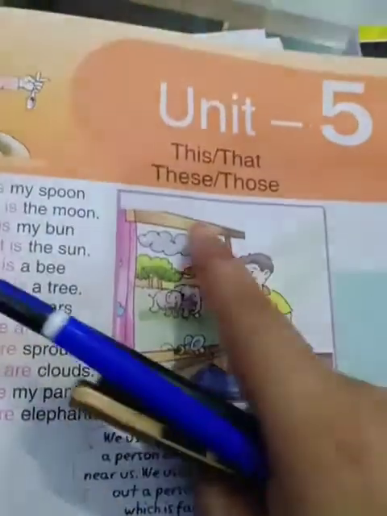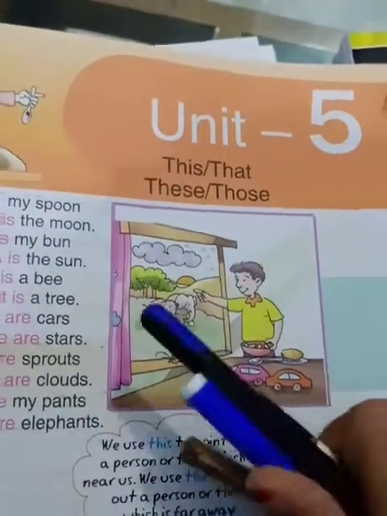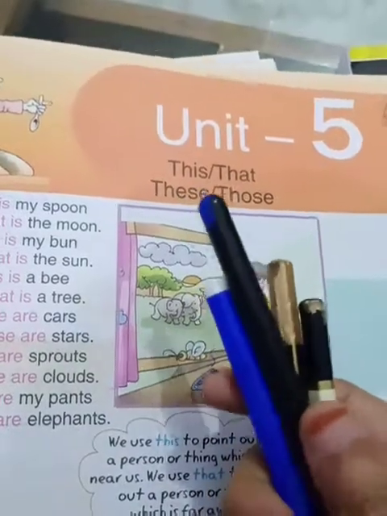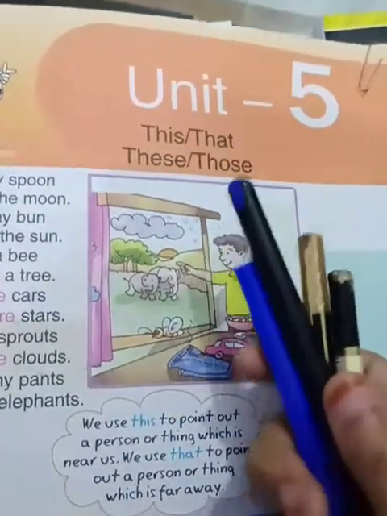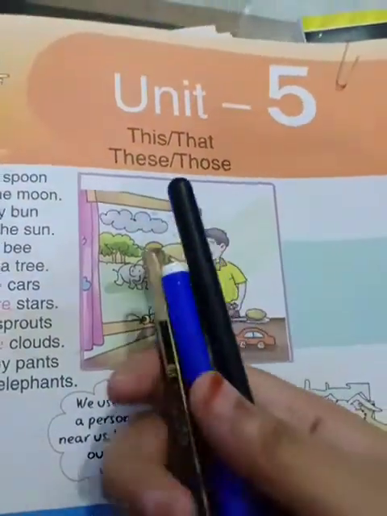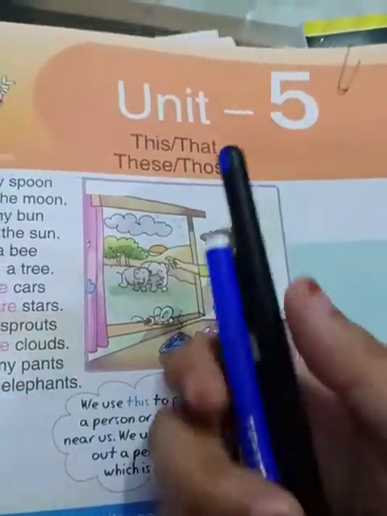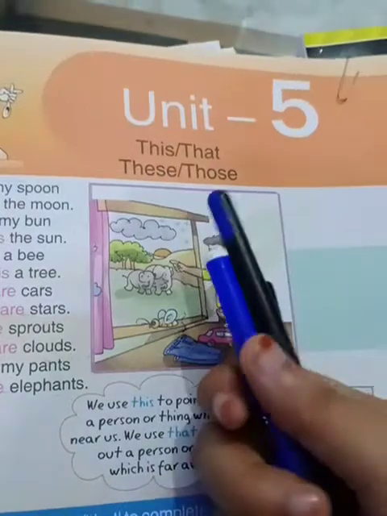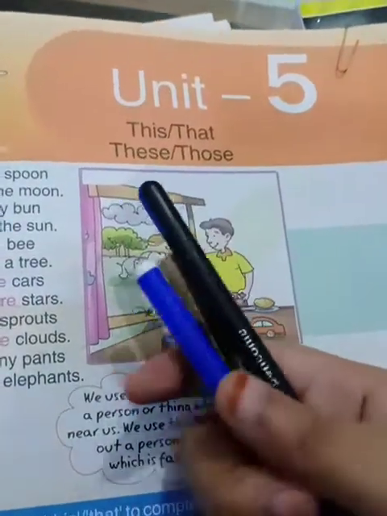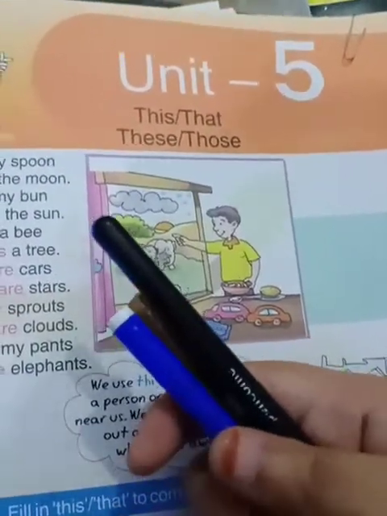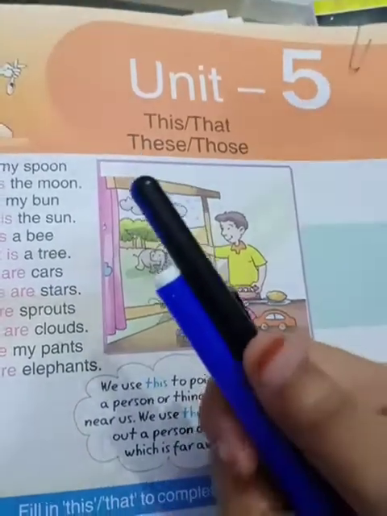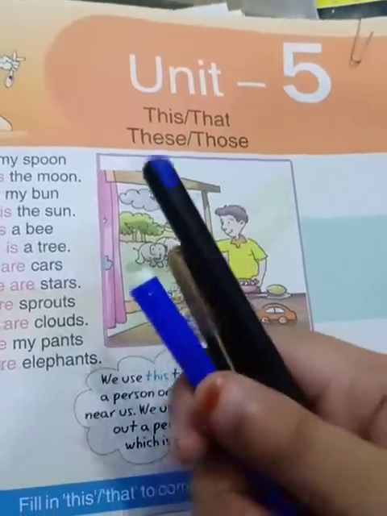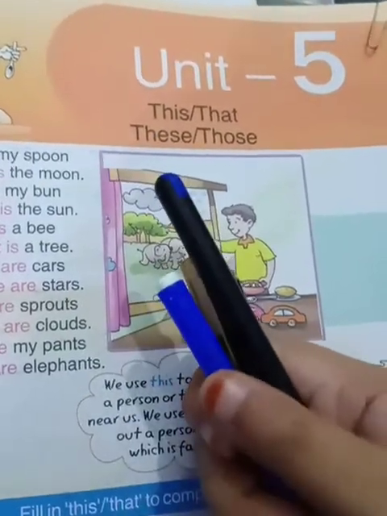Now where we use these: if I am having more than one thing near with me, so I have 2 or 3 pens and pencils. Suppose these all are pens, and if these pens are near with me, near means pass, so what I will say, these are pens.